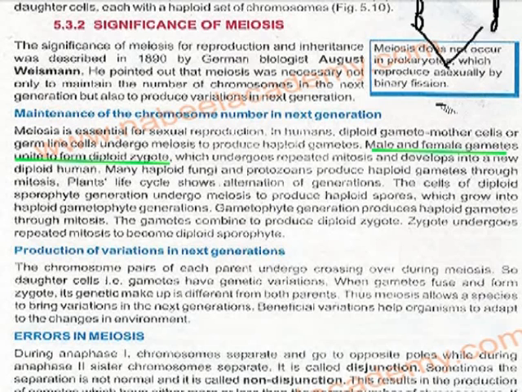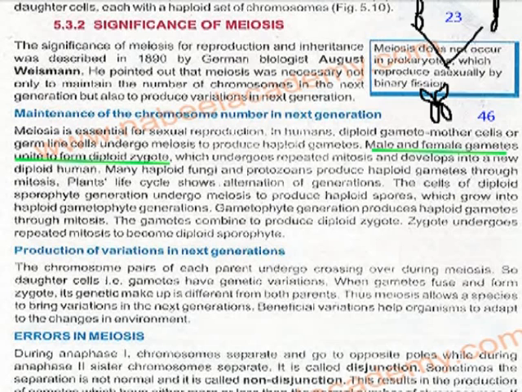A zygote is formed, and again this zygote has a pair of chromosomes, the same number. As we all know, how many chromosomes do the gametes have? 23. When they join together in the form of an embryo, they again have how many? 46. So Allah Ta'ala has kept a process for the maintenance of chromosome number.